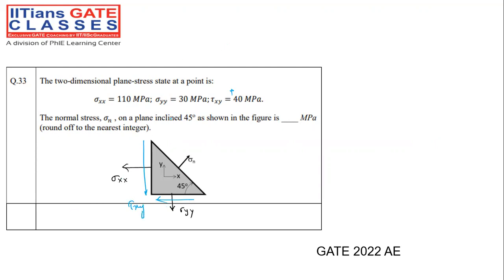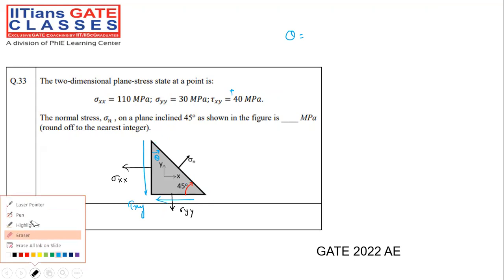They are asking what is the normal stress on a plane which is inclined at an angle 45. It is showing an angle 45 from the horizontal, but I told you in our case we have to define our plane at an angle theta from here, and this is 45. From the trigonometric we know that theta will be plus 45.